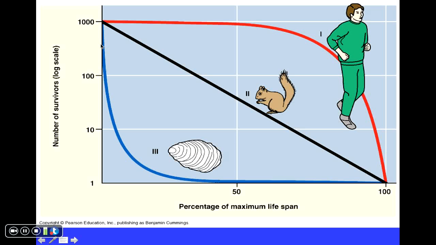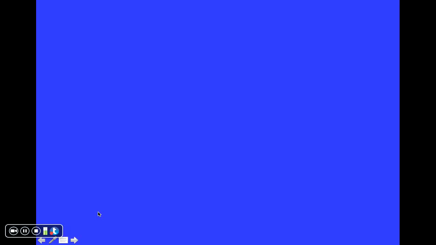They produce many, many offspring, most of which, of course, don't survive long at all. Relatively few make it to their maximum lifespan. And then type 2 survivorship curves, illustrated by many small mammals, are essentially equally likely to die whether they are at a young or an old age. So again, just summarizing the type 1, 2, and 3 survivorship curves.